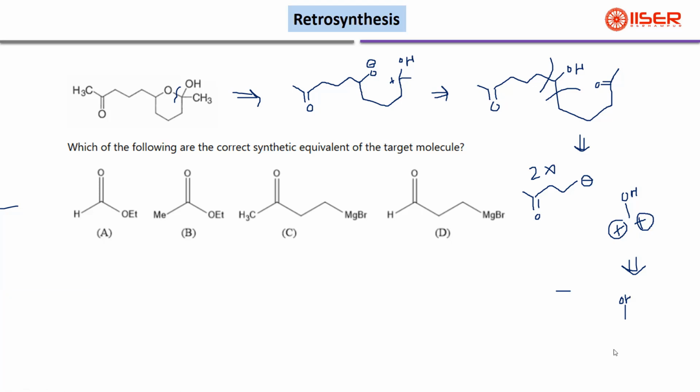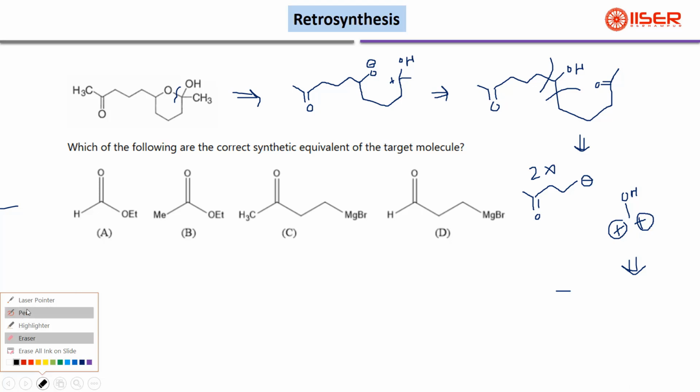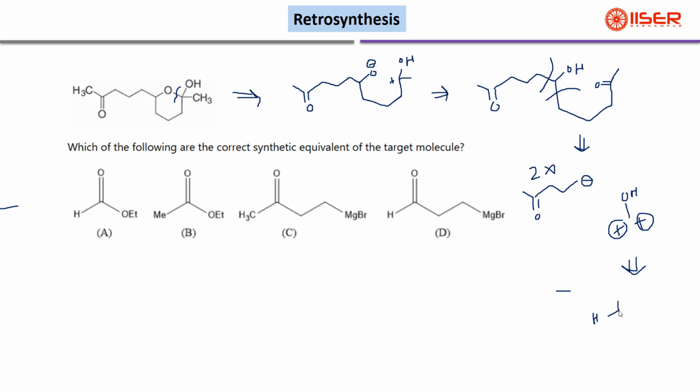Whenever this type of synthon is generated with the 2 positive charges and OH, the synthetic equivalent will be like this. These things you have to remember, okay? For simplicity, whenever you have this kind of OH with 1 positive charge, the synthetic equivalent will be an aldehyde, formaldehyde, CH2O.